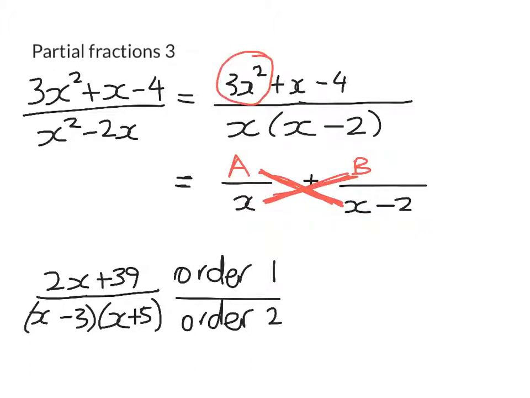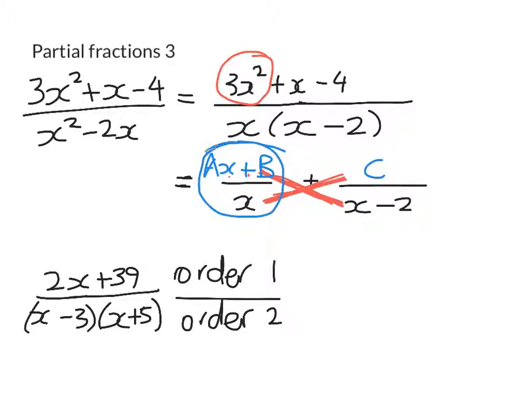So what I need to do instead is to have a linear factor for one of those. So instead of having a and b here, what I need to have is ax plus b plus c. So that problem immediately becomes more painful to work through.